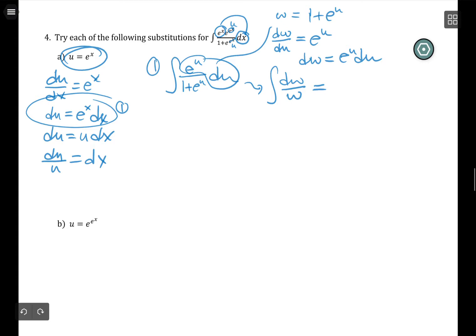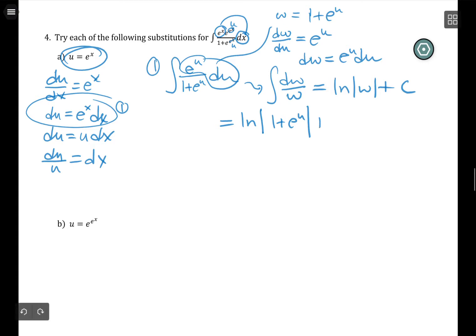So the antiderivative of 1 over w with respect to w, that's going to be natural log absolute value of w plus c. And then I'm going to have to work my way back out of a couple of substitutions. So that's natural log of the absolute value of 1 plus e to the u. And actually I can drop the absolute values on that because e to the u is never negative. It's not even 0. In fact, it's always positive.